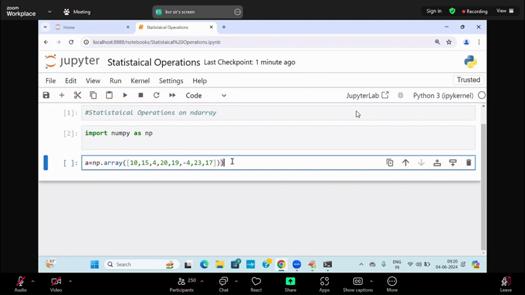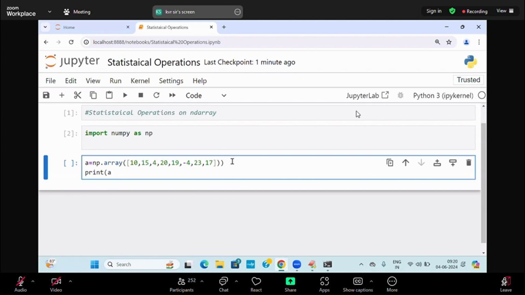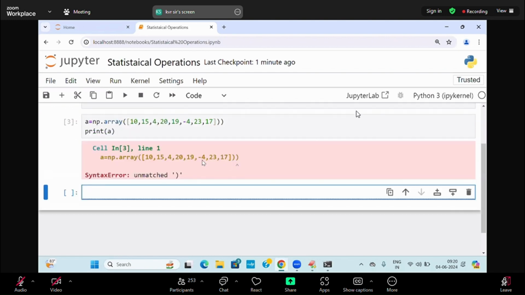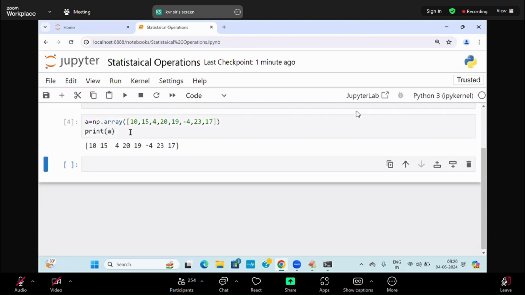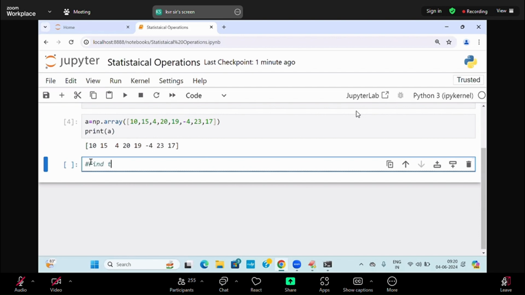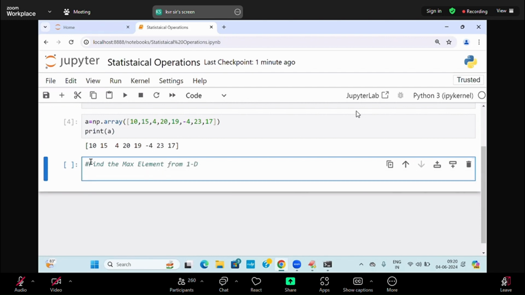So print this data, print of this a, and then on that I want to find out max of 1D. Here the requirement is to find the maximum element from 1D. maxv is equal to np.amax of a.